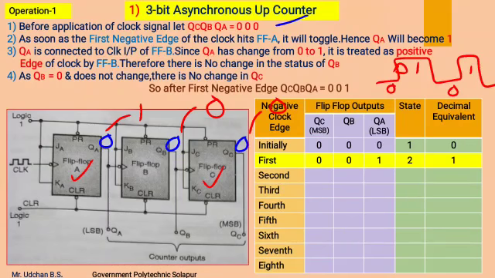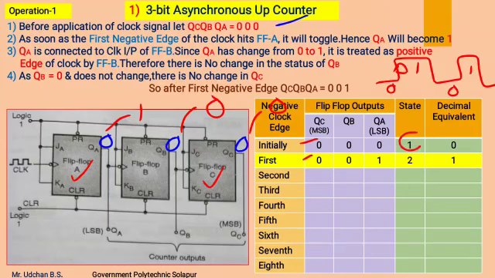So after the first negative edge of the clock pulse, we can have the flip-flop outputs as 0, 0, 1. The initial values are 0, 0, 0 before the application of the first negative clock edge, and after the application of the first negative edge of the clock pulse, we will get the output as 0, 0, 1.